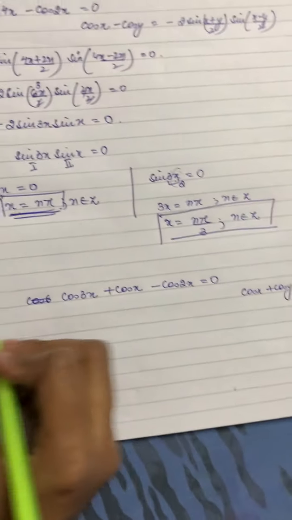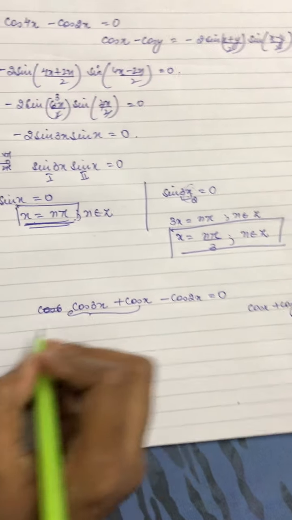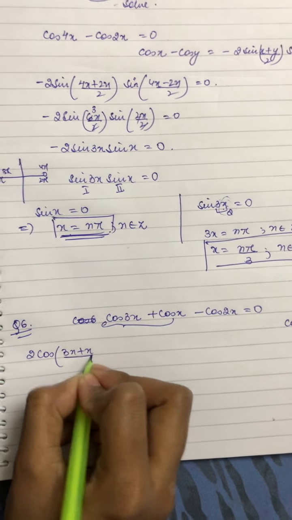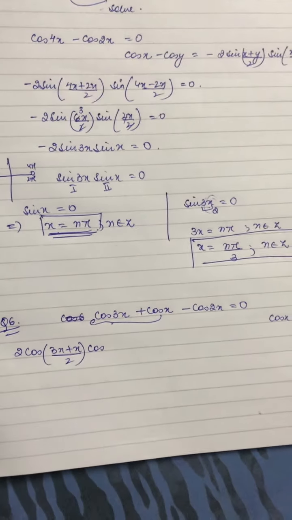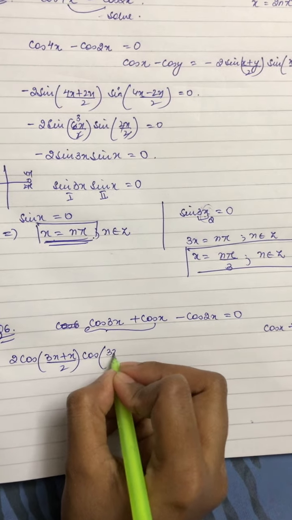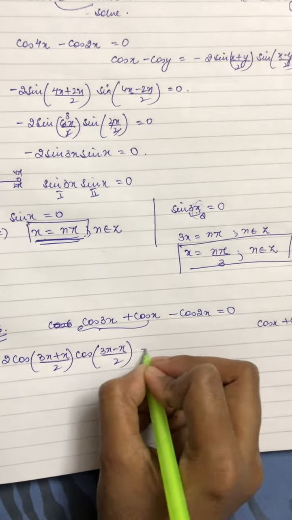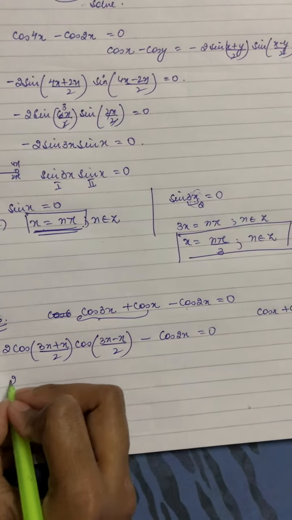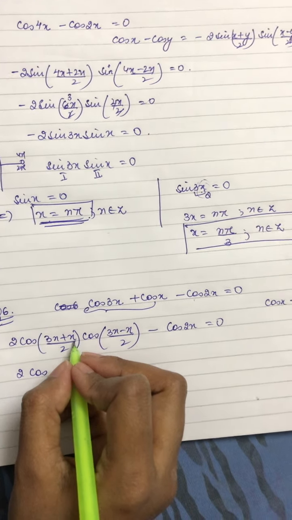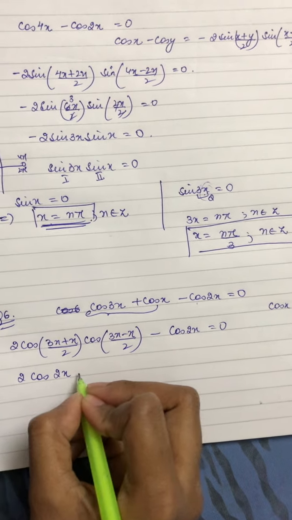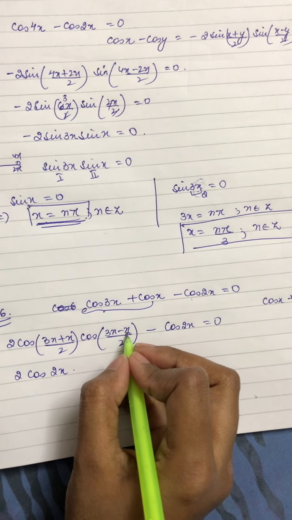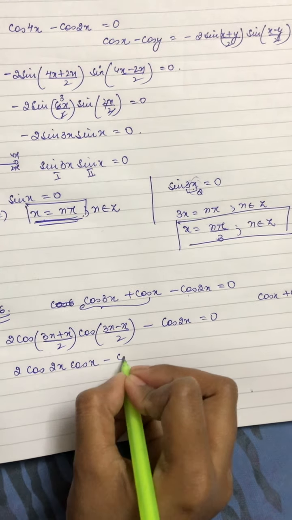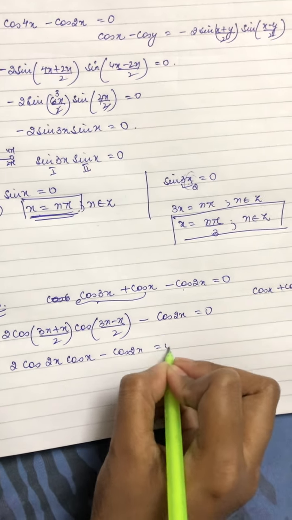Okay, so I'm combining these two, 2 cos (3x plus x) by 2 cos (3x minus x) by 2. This remains as it is, equal to 0. So this gives me 2 cos 4x by 2, which is 2x, and 3x minus x is 2x divided by 2 will give me x, minus cos 2x equal to 0.